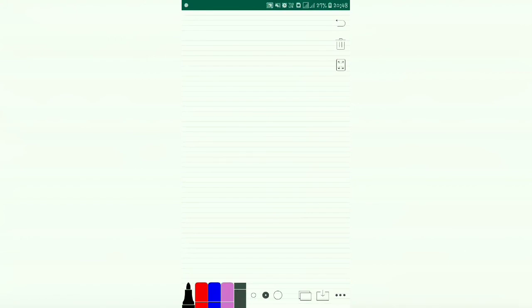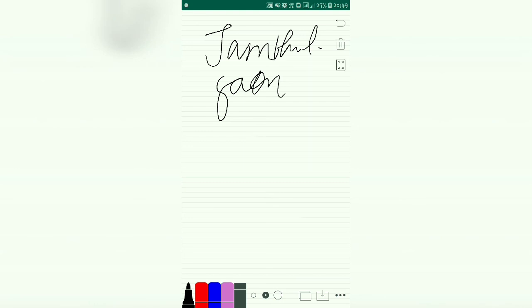You have to write it. Jumbalgaon has greater proportion.